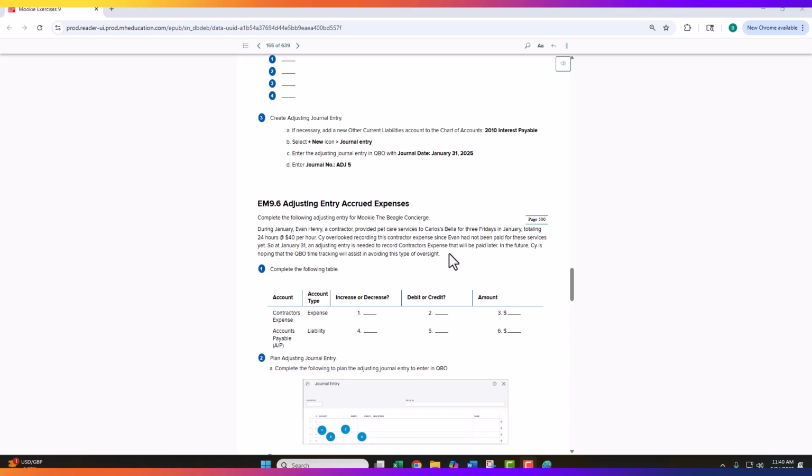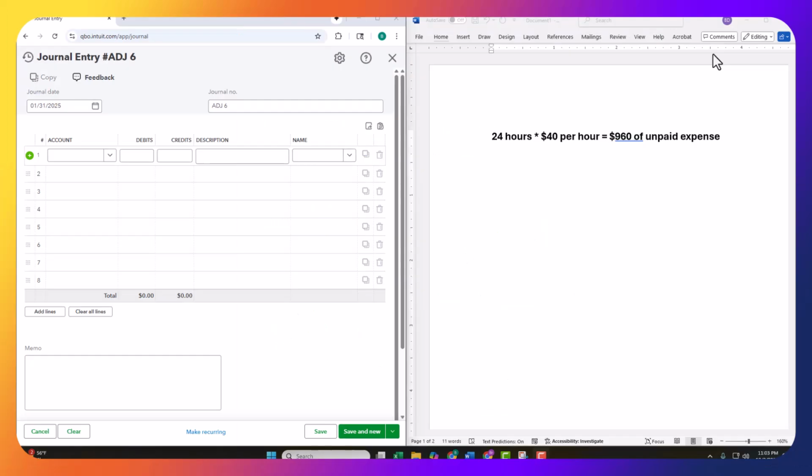This is an example of an accrued expense because we're recording the expense before it is paid. So if we do the math there, we've got 24 hours multiplied by $40 per hour, which gives us $960 of unpaid expense.